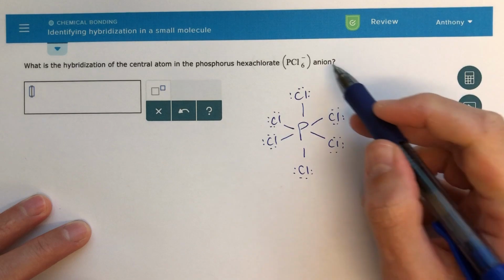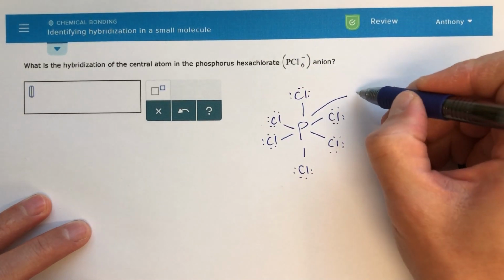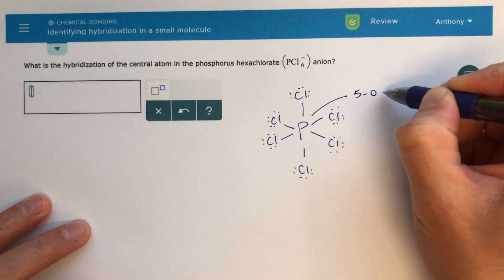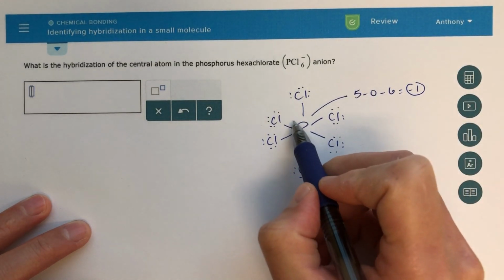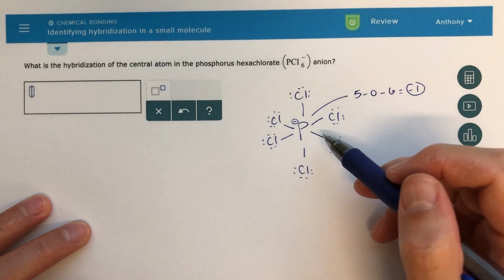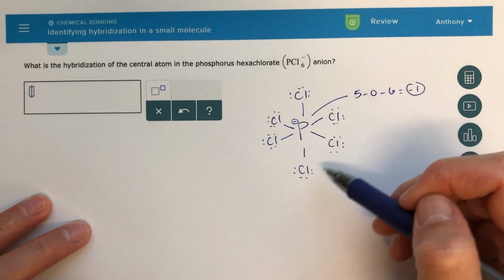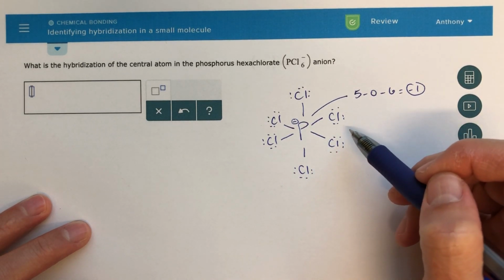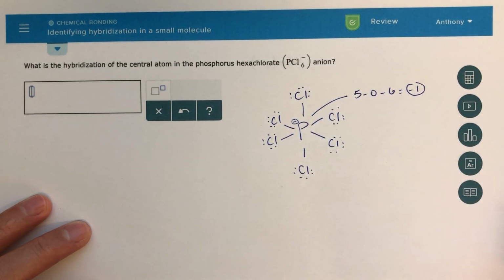The phosphorus is going to have that formal negative charge. So if we think about the phosphorus, 5 valence electrons minus 0 lone pairs minus 6 bonds equals -1. So we're going to have a negative formal charge on the phosphorus. So this is the best Lewis dot structure. Yes, we're breaking the octet rule for that phosphorus, but we're following it for all the chlorines. And we've got formal charges of 0 for all the chlorines. So this is the best Lewis dot structure.